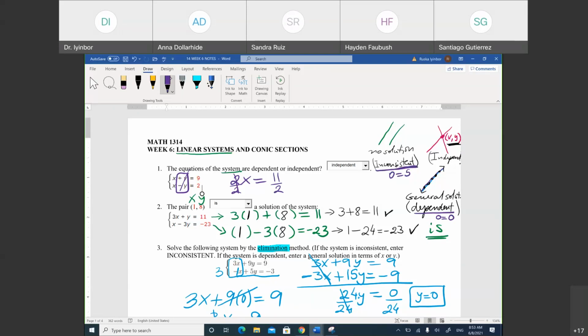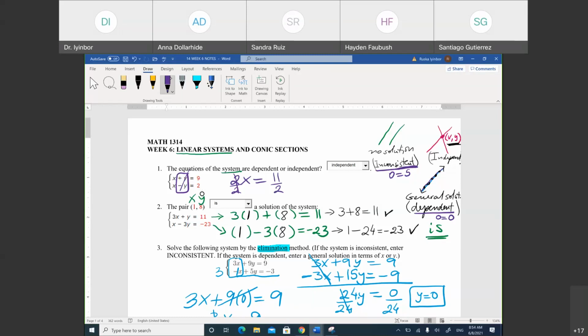If X cancels out and Y cancels out, and the numbers on the other side cancel out, you get 0 equals 0, then that's dependent.